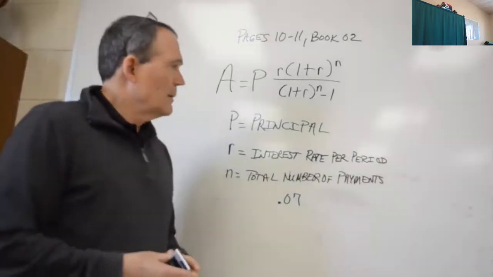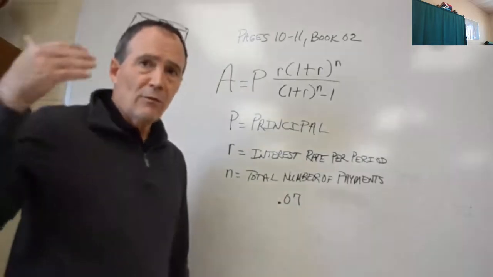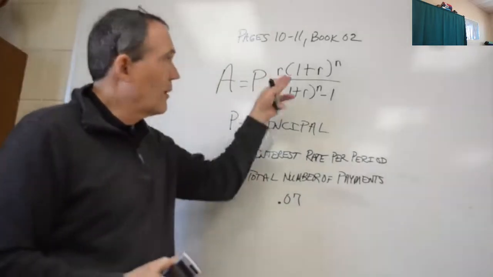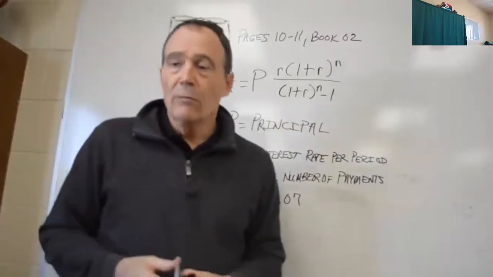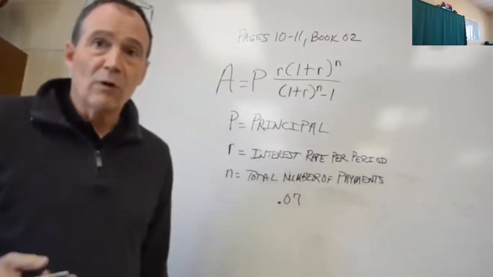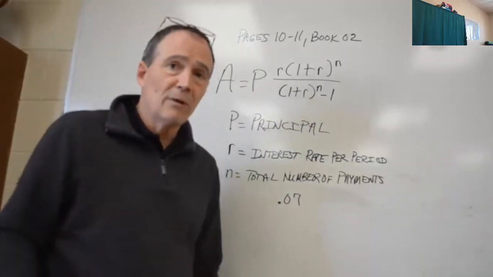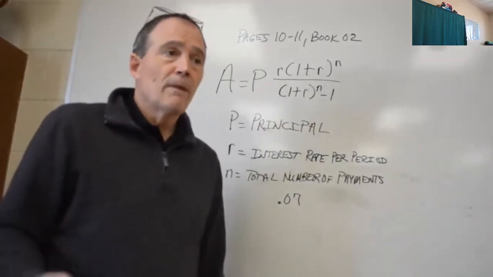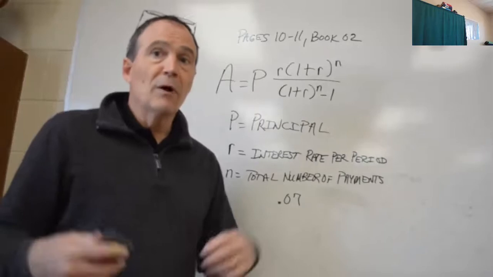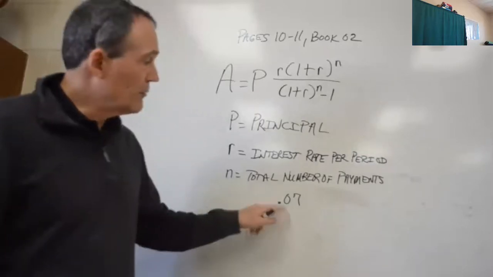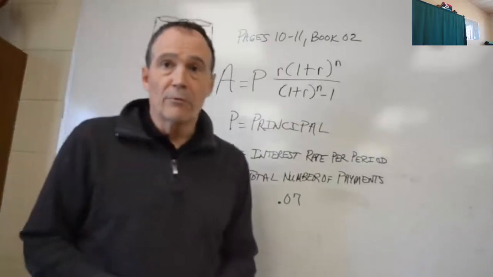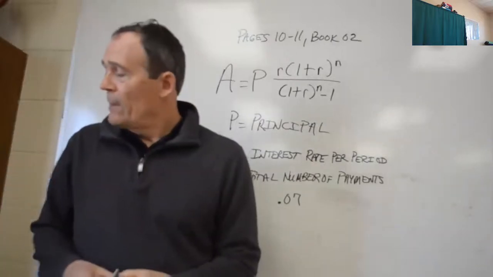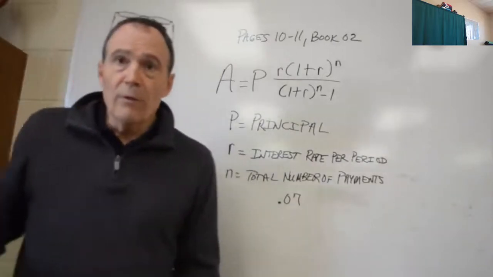So it's important that you remember that when you plug in the R. If you can remember that, it's simply dividing by 12 because you make your payments monthly, and there are 12 months in a year. So 7% a year divided by 12 would be whatever that number comes up to. So that is our formula.